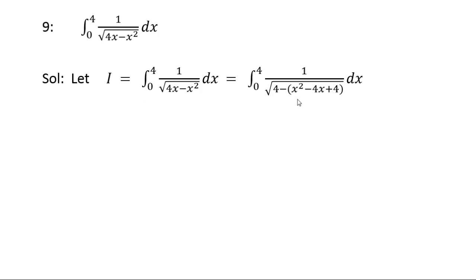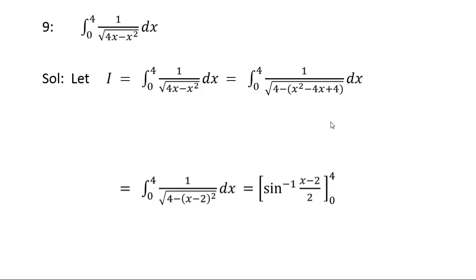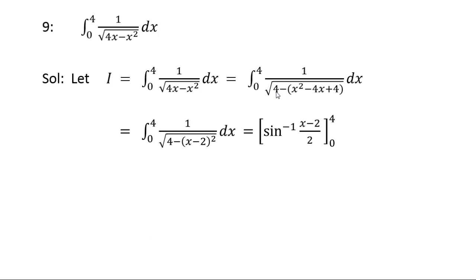तो ॲड केलेला 4 इथं दिसतोय, सबट्रॅक्ट केलेला 4 मी इथे वापरलेला आहे. I have taken minus sign common from these three terms. This is x minus 2 square. So I write this as 1 upon root of 4 minus x minus 2 square, and integrate it.